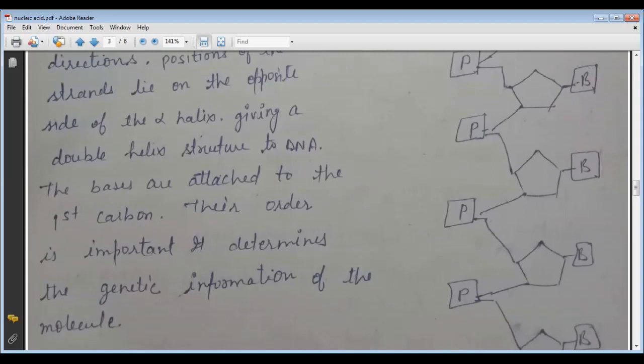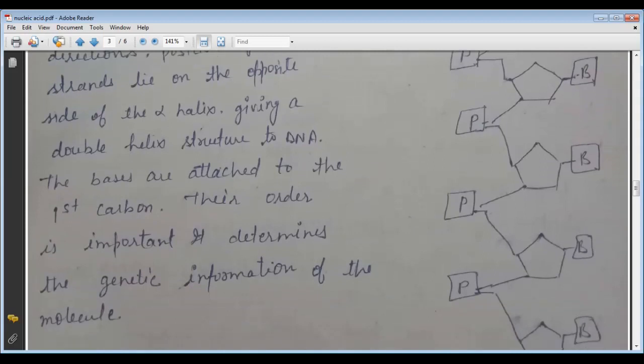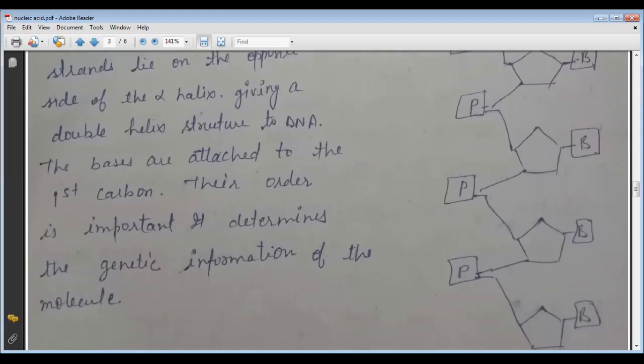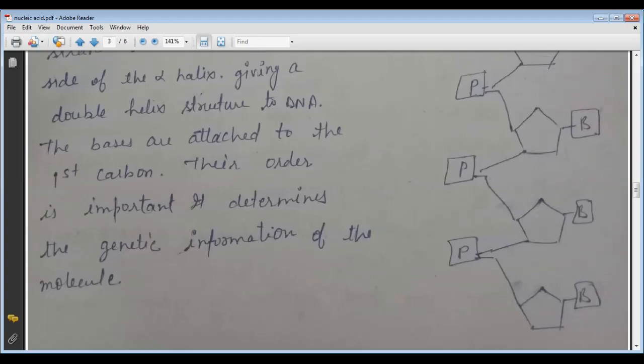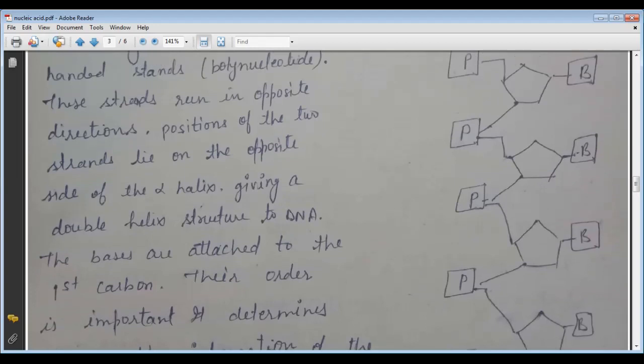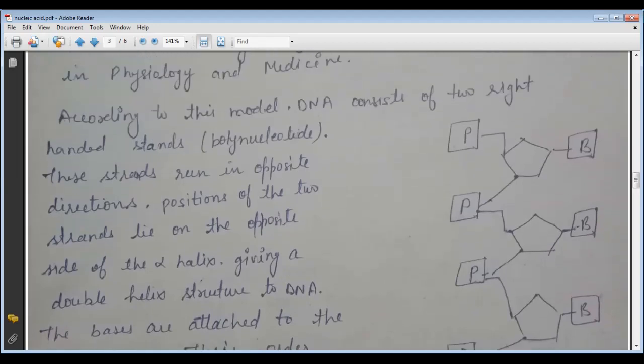The bases are attached to the first carbon. Their order is important. It determines the genetic information of the nucleus. Here in the structure there is the pentose sugar. Here is the first position, where the base is attached. Then 1, 2, 3, 4, and the fifth carbon is attached to the phosphate.